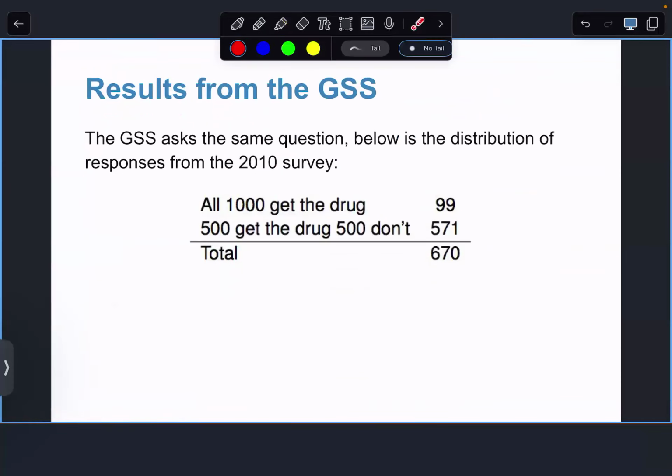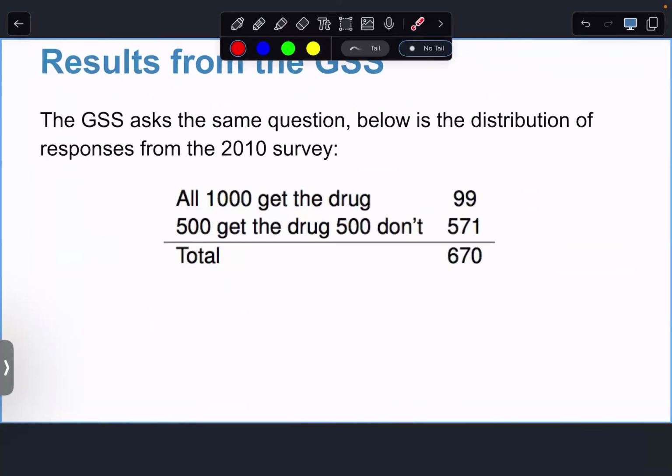So the GSS is a General Social Survey in the States, I think. It's just a big national survey that they do. The GSS asks the same question, and below is the distribution of the responses from the 2010 survey.